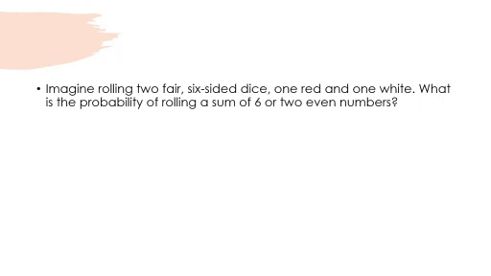You can have two even numbers that do add up to 6: 2 and 4 would add up to 6. So we'd have to find the probability of both of them occurring and then subtract out the one that would be the same, the one that can occur in both.